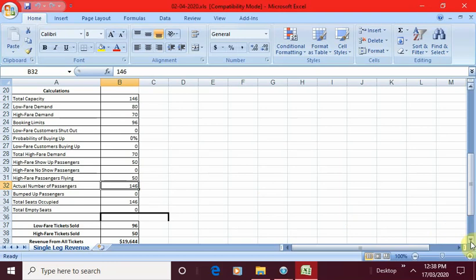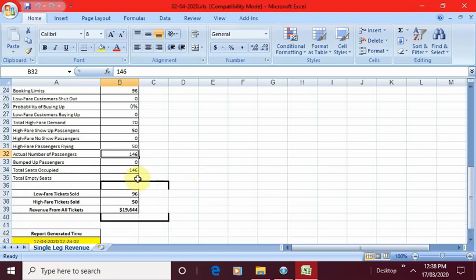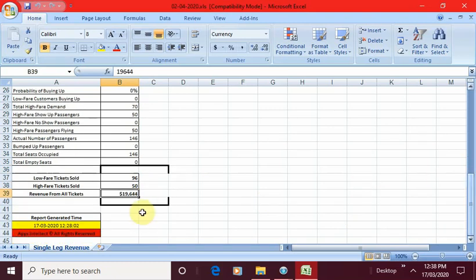And the total empty seats 0, total occupied 0, bumped up passengers 0. Low fare tickets sold were 96, that was the booking limit. And the high fare tickets, which was the protection level, this is calculated, revenues 90,000 and the report generated time. So this is of the 2nd of April.